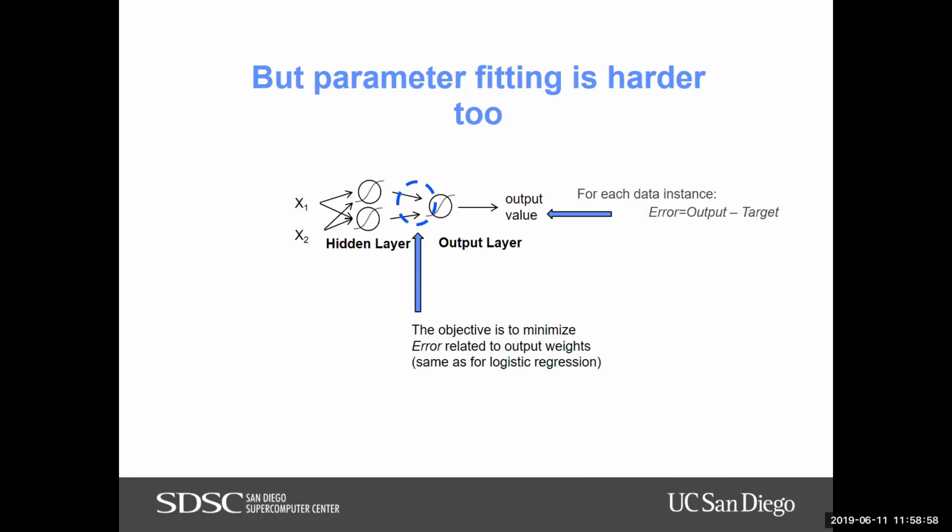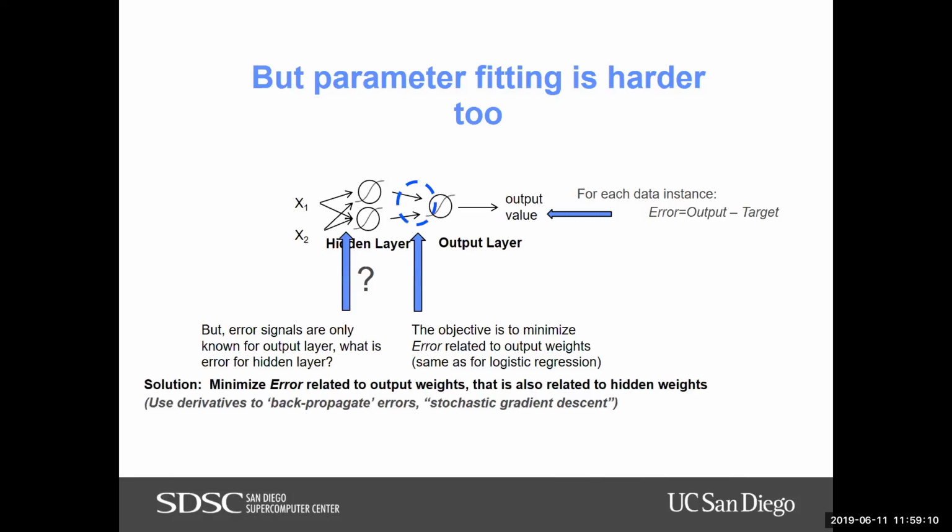And somehow I have to take that error and propagate it back to the hidden layers. And that's the whole procedure called backpropagation. I'm not going to say much more about that, but it's basically a hard gradient descent problem. But it's not that the gradient descent is so hard. It's just that it's a lot of different calculations.